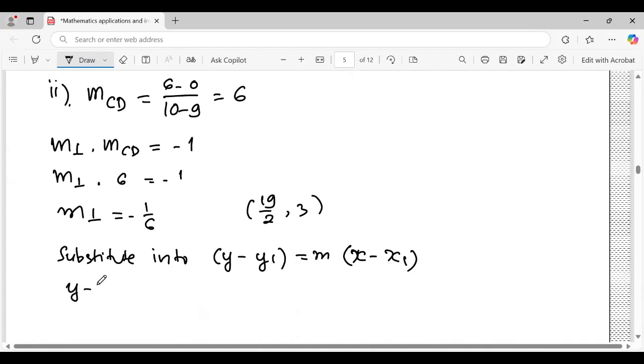So y minus 3 equals minus 1 over 6, times (x minus 19/2).